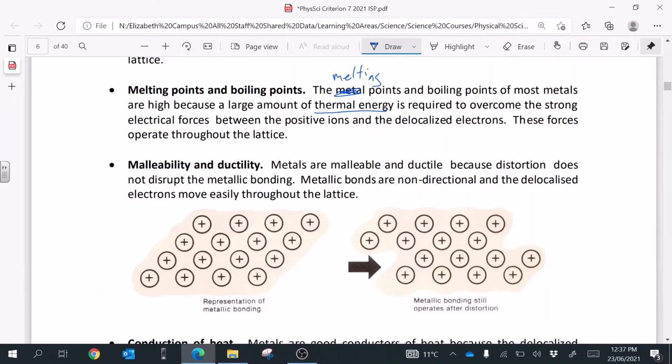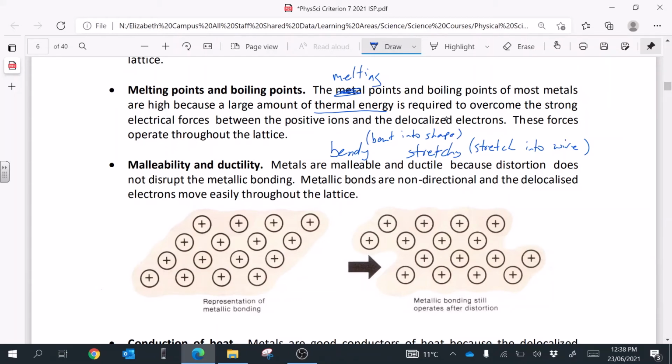These are some new words as well. Malleable means, I like to think of it as bendy, but basically you can put it into shape, and ductile means stretchy. You can stretch it thin into wire. Bendy means it can be bent into shape, so it can take on many shapes.